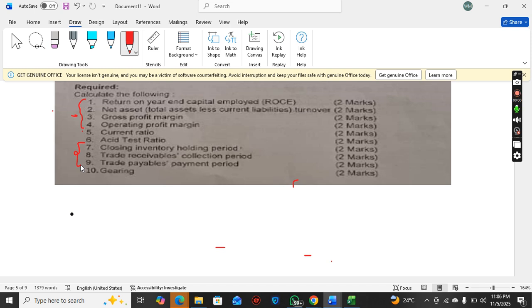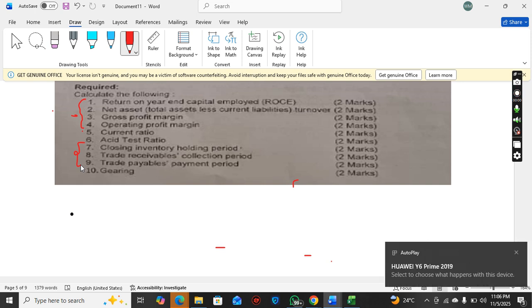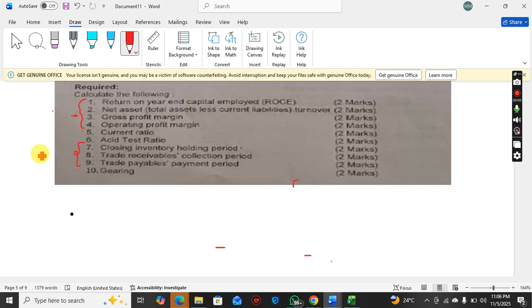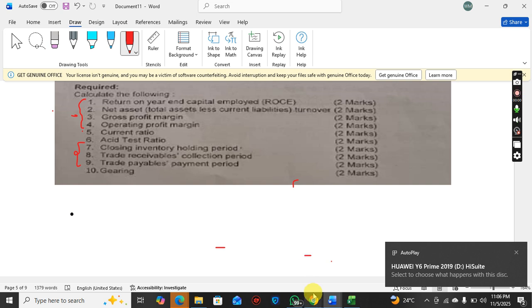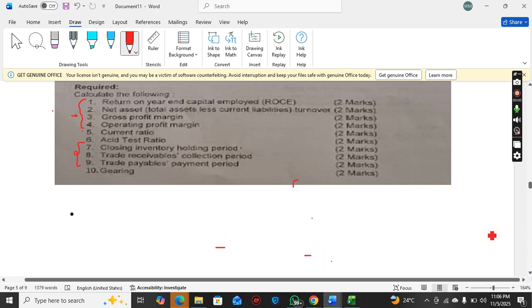Okay, so efficiency ratios. Efficiency is all about minimizing waste of resources. The resources we're looking at here are inventory, trade receivables, and trade payables. How well does our company manage these resources? The closing inventory holding period is basically asking how long inventory has to sit before it's all sold out.